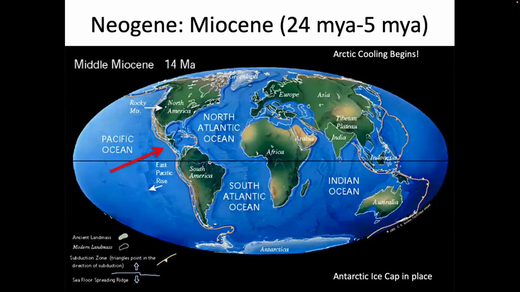We kind of skipped ahead, focusing so much on North America that we didn't see some of the worldwide dynamics, like the split off from Australia and Antarctica. I want to make sure we talk about that real quick. All the other continents are more or less in their modern positions.